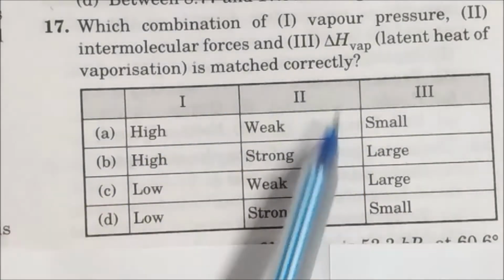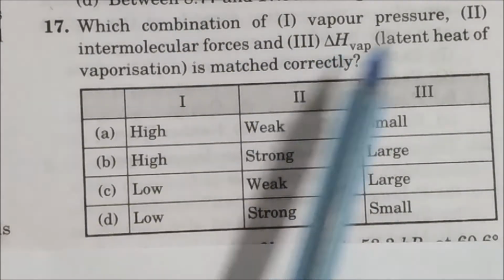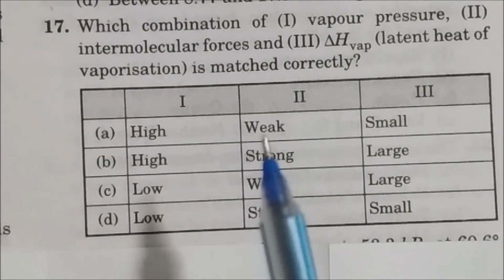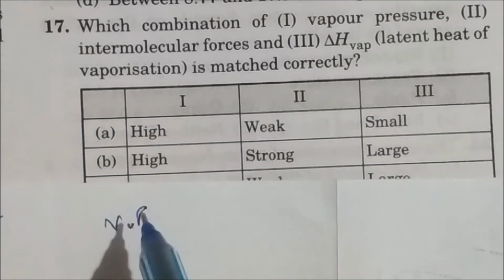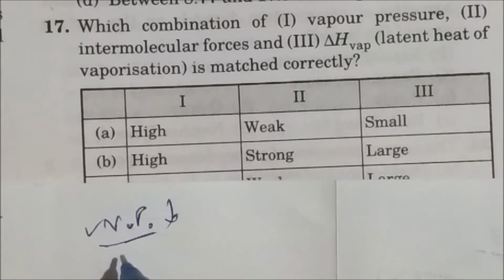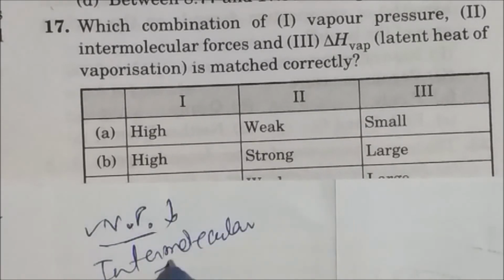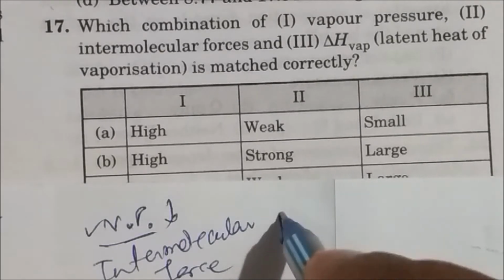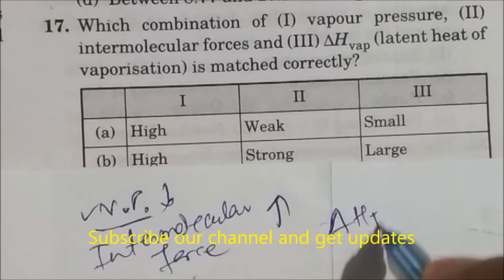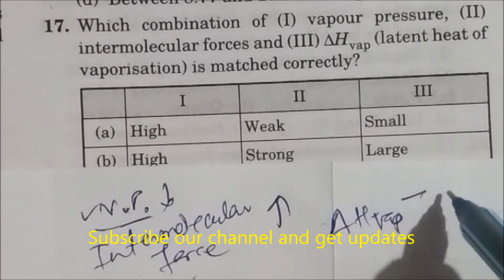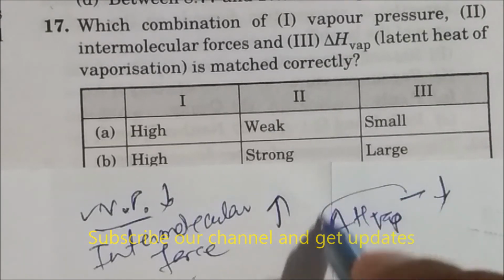Which combination of 1, 2 and 3 is correctly matched? The first is vapor pressure, second is intermolecular forces, and third is the latent heat of vaporization. You have to remember, if the vapor pressure is very low, then the intermolecular force will definitely be very high, and the heat of vaporization will be also very low, meaning you will get a smaller amount of heat.